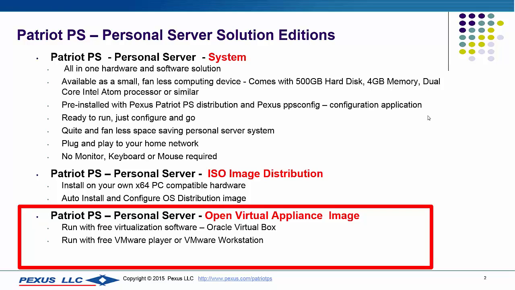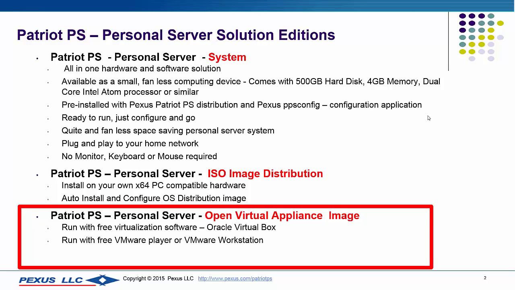It is designed for 24/7 operation, and it is a small, compact, fanless system for quiet and trouble-free operation. Then we have a software ISO image edition that can be downloaded and installed on your own Intel AMD x64-bit computer. The third edition is what we are going to talk about in this short video presentation.